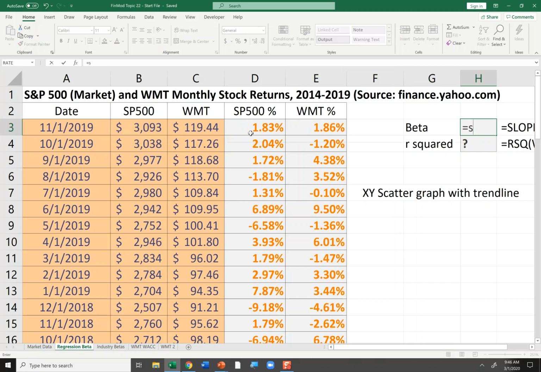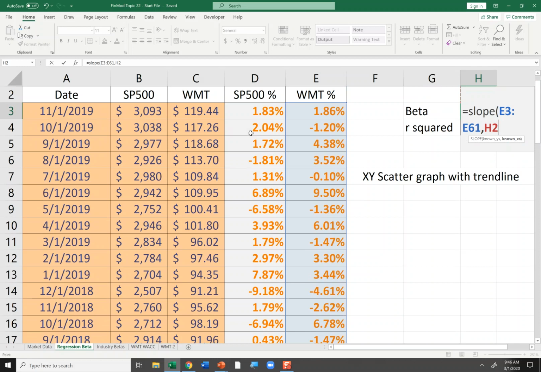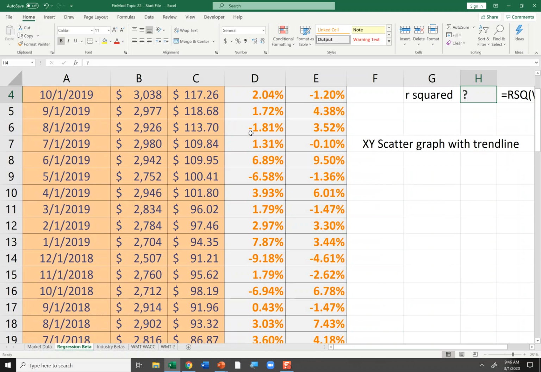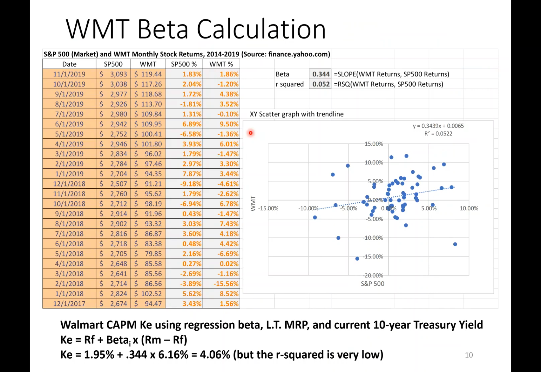I could just say equals slope, put in Walmart's returns, Control-Shift down, comma, and then I'll just put in the S&P 500's returns as my next variable. And I'll close that. So I got a beta for Walmart of 0.344.